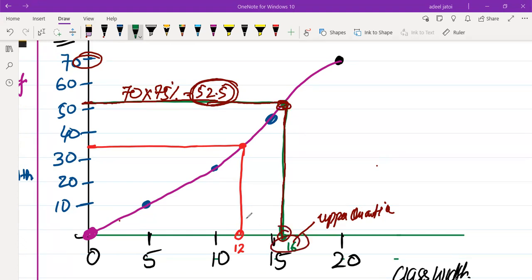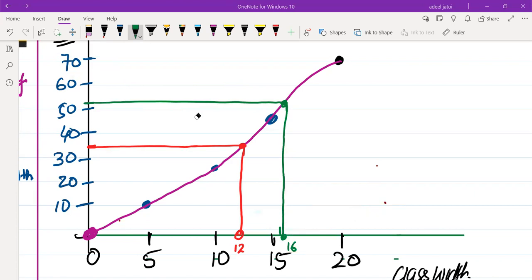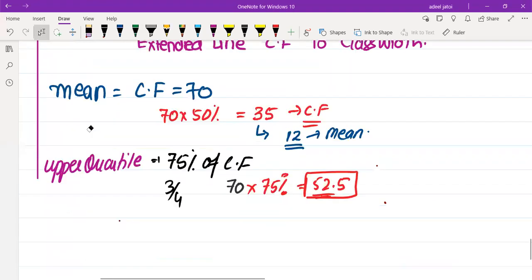And your class width answer is 16. So that means your upper quartile will be 16 for this particular question. So let's write down 16 as your upper quartile.